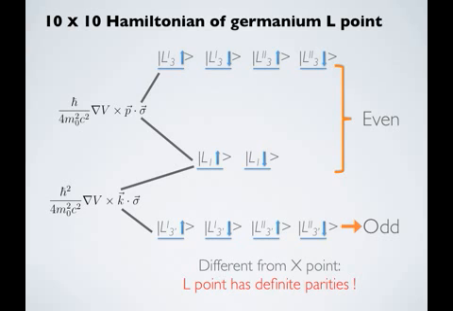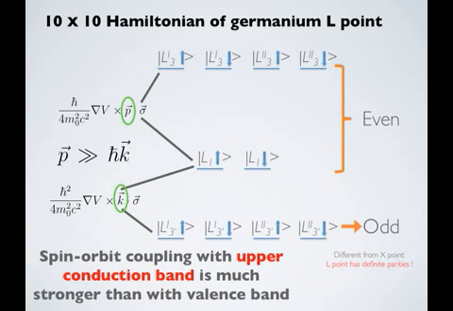Pay attention to this gradient of V cross p and cross k. It is known that usually p is much larger than h bar times k, indicating that the effect of spin-orbit interaction from the upper conduction band is much stronger than from the valence band.